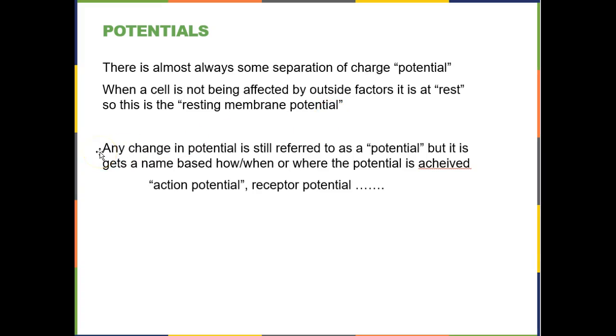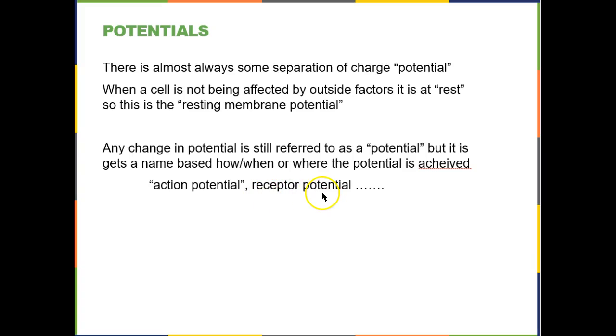But there are lots of times when your membrane potential is going to change. Each time it changes, there's still a potential. So each different kind of change, depending on how or when the membrane potential changes, we give it a name, but it's still called a potential. So you're going to have action potentials.